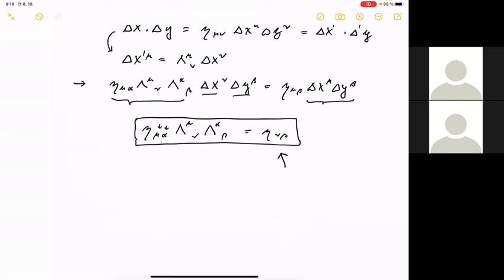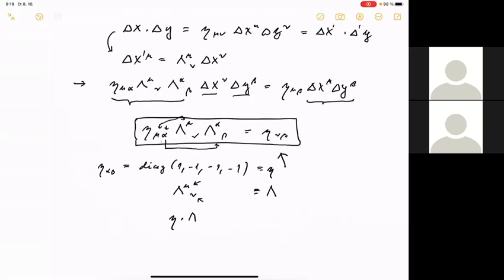The first thing is that we can easily rewrite this equation in matrix form. If we define the matrix η_αβ, as I already have written, as diagonal (1, -1, -1, -1), and this will be matrix η without indices, and if we define matrix Λ^μ_ν without indices as Λ with a row index and a column index, we see that this contraction here is row times column, so we can write it as η times Λ, and this contraction is a contraction of row times row.